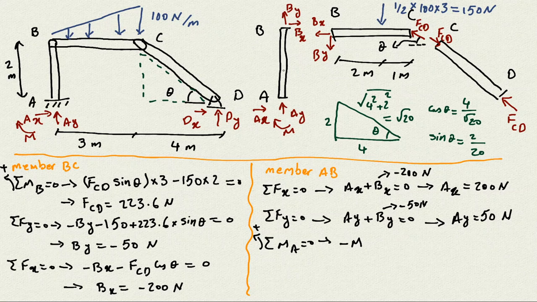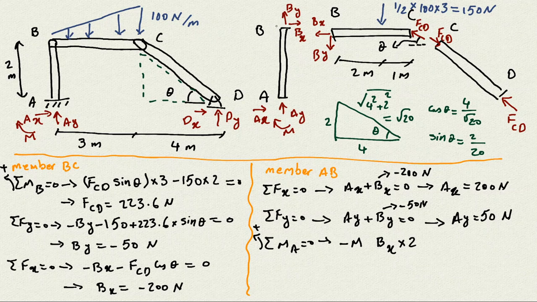The BY also goes through point A, so the distance is 0, and it doesn't produce any moment. The only force that produces moment is Bx. So we have the Bx, and the normal distance between B and point A is 2 meters, as we have here, so it's times 2.